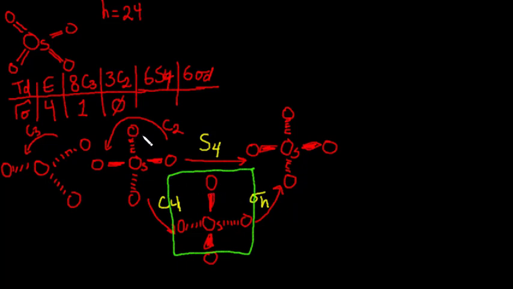So if we label this 1, 2, 3, 4, for example, then oxygen 1 would have moved here, and in the final structure we have 1, 2, 3, 4.